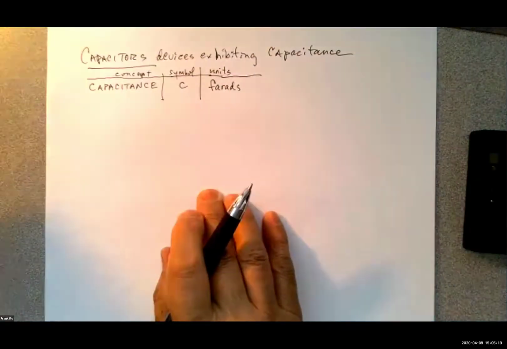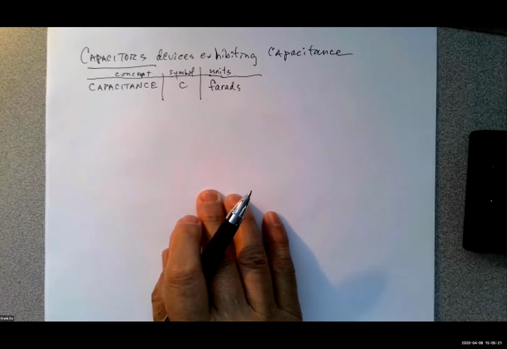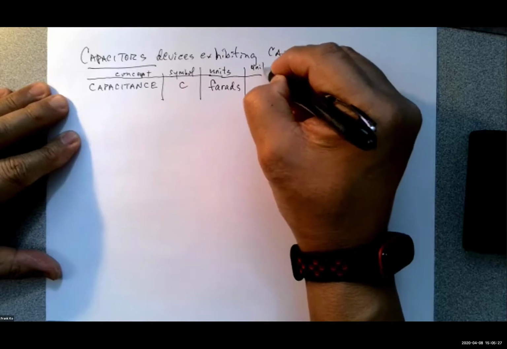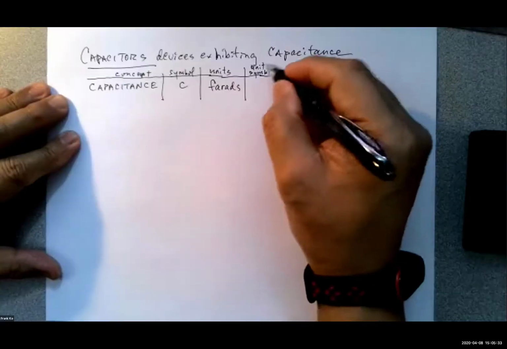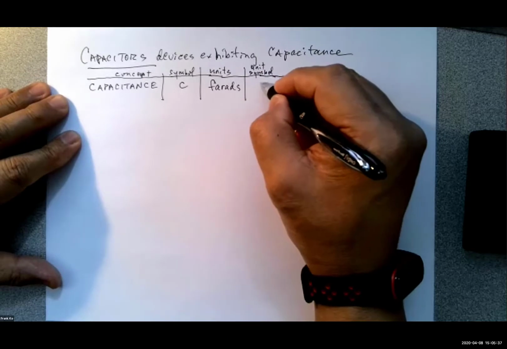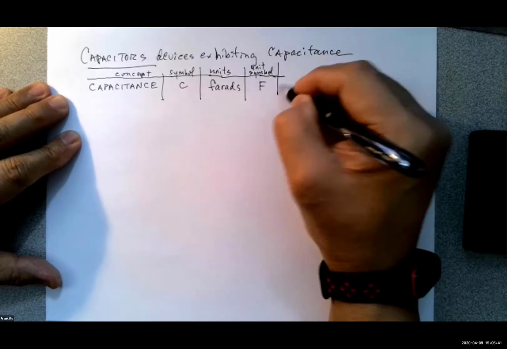The unit symbol is farads with a capital F. And of course, we have a brief definition.